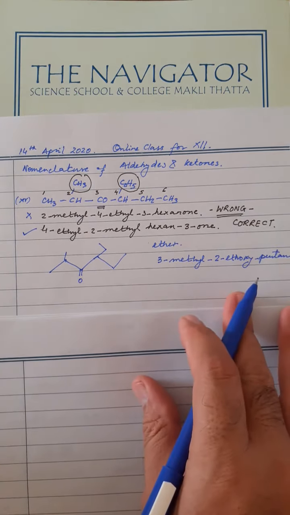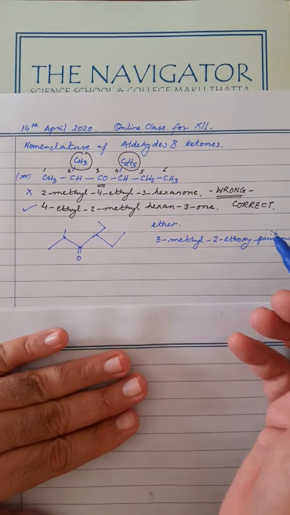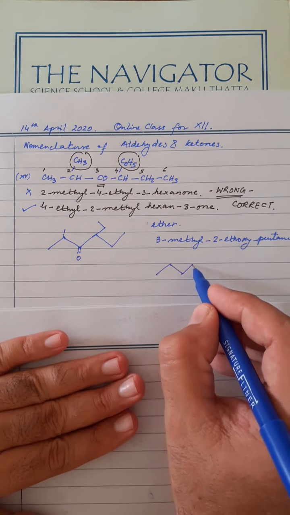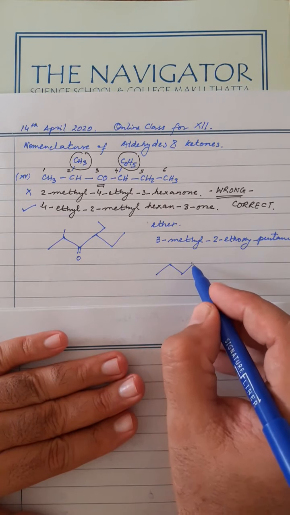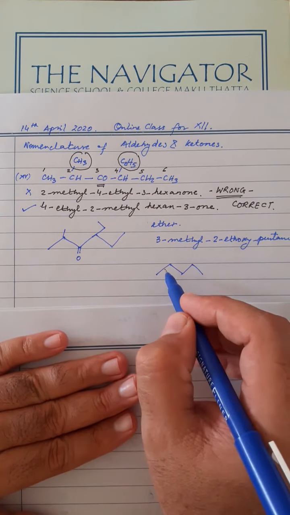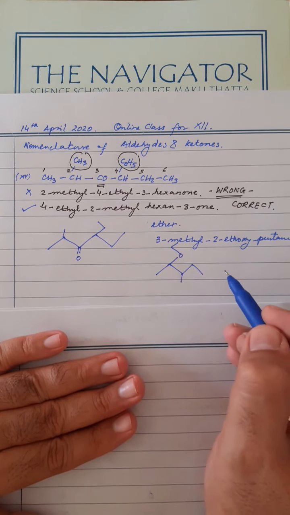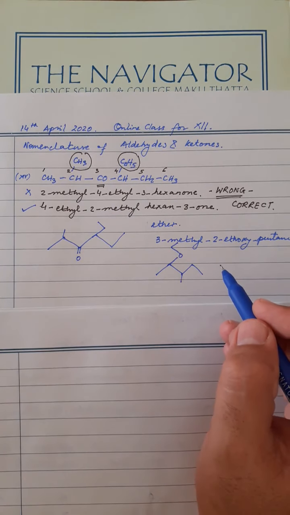Now, again, you can make simply 5 carbons. 1, 2, 3, 4, 5. 2 has ethoxy. So that means there's an oxygen and then 2 carbons attached to it. 3 has a methyl. So this is 3-methyl 2-ethoxy pentane. All right.